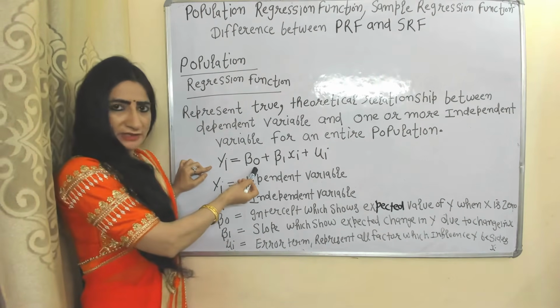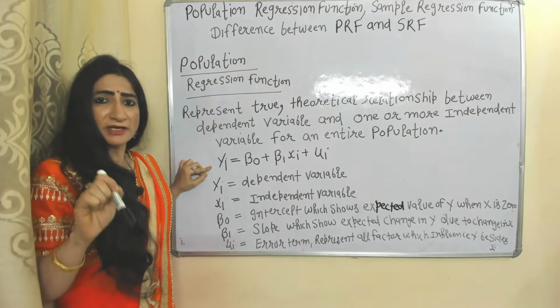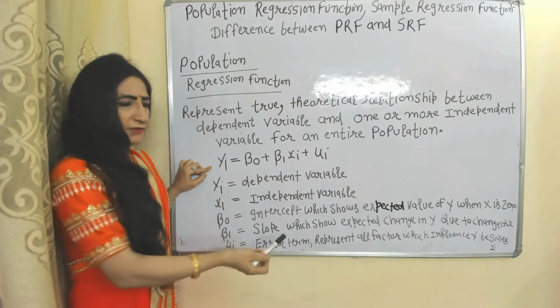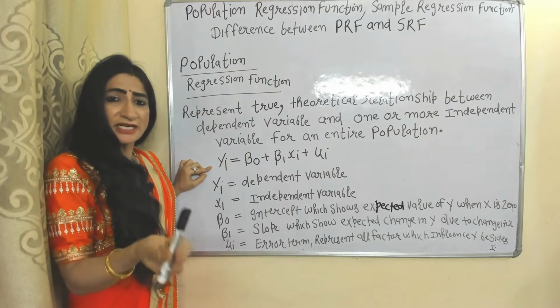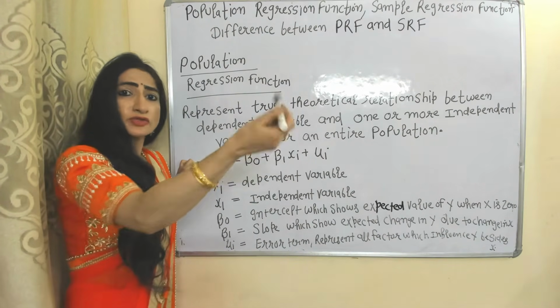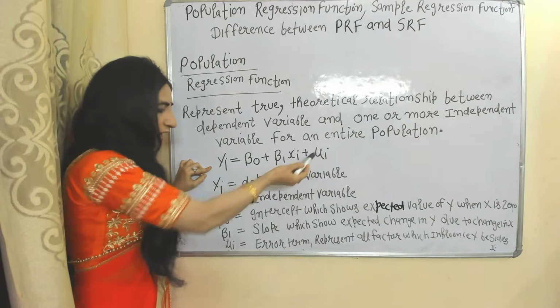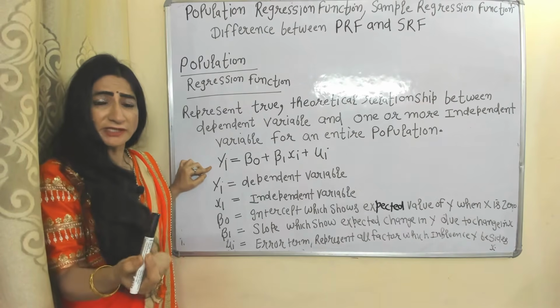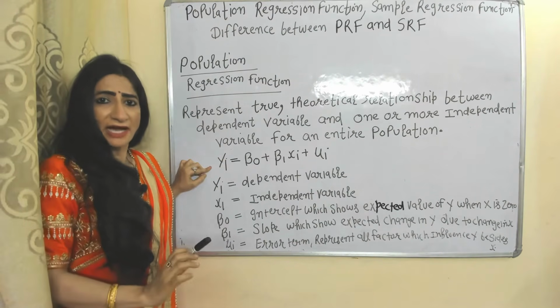Beta naught is the intercept, which shows the expected value of y when x is 0. Beta 1 is the slope, which shows the change in the expected value of y due to a change in x, and mu i is the error term, which represents all factors which influence y besides x.